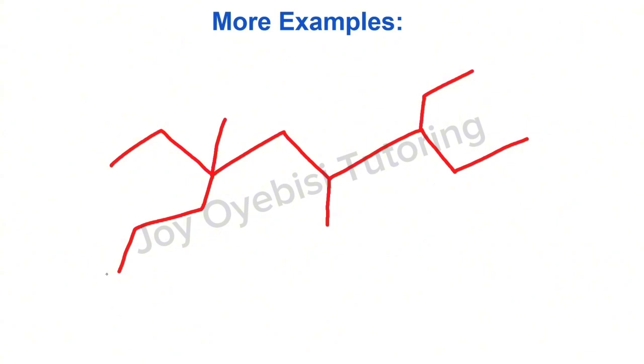Now, let's start with the left. This is 1, 2, 3, 4, 5, 6, 7, 8, and then 9. So I have positions 4, 6, and 7.